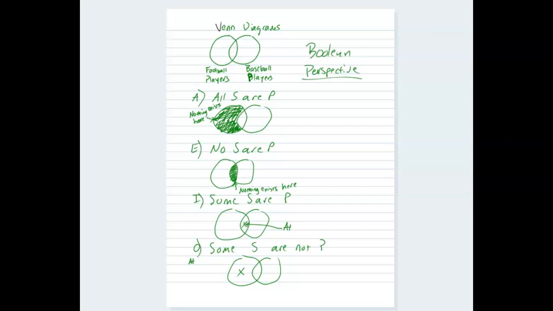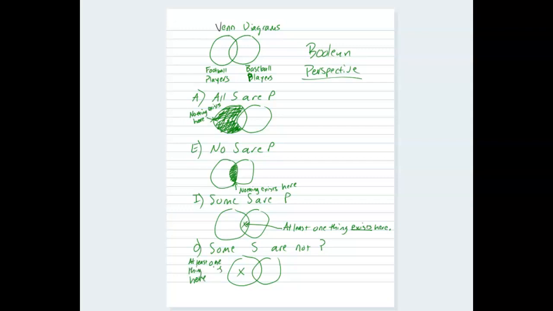In the E proposition, I shaded in the middle, and you'll see the arrow pointing to the middle part where the shading means nothing exists here. The X represents at least one thing that exists in the area where they overlap. So that's what the shading always means, nothing exists here, and X always means at least one thing exists here.